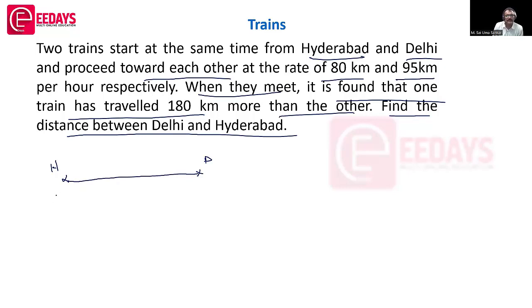And next, this is 80 kilometers per hour speed. And this is 95 kilometers per hour speed. If both meet somewhere else, then what happened?